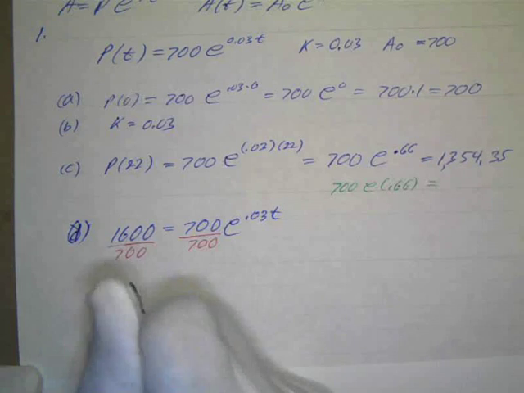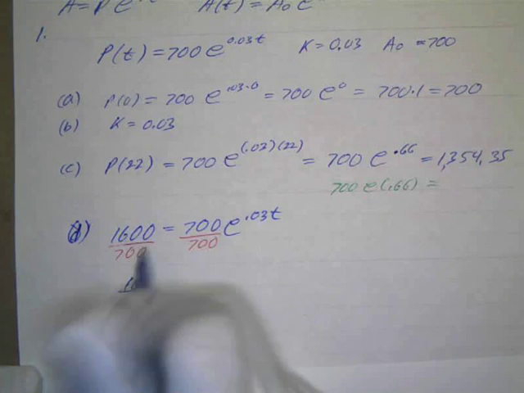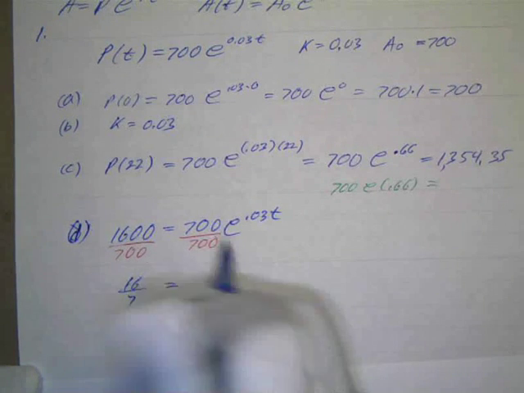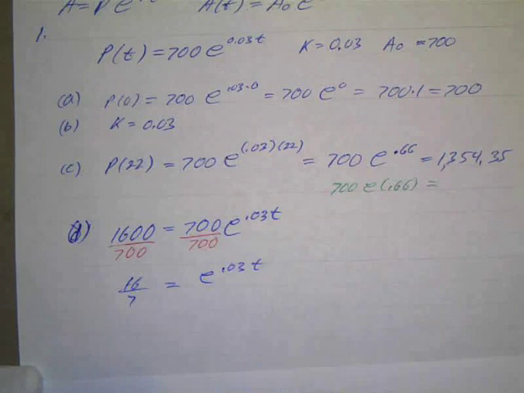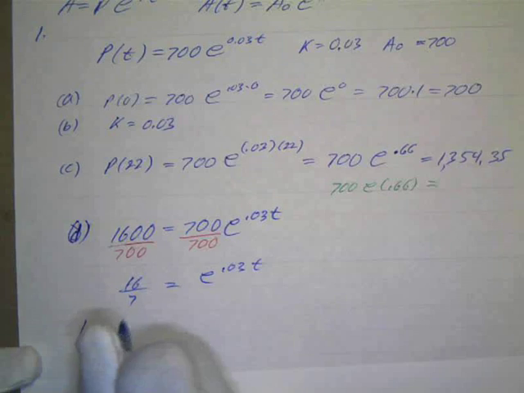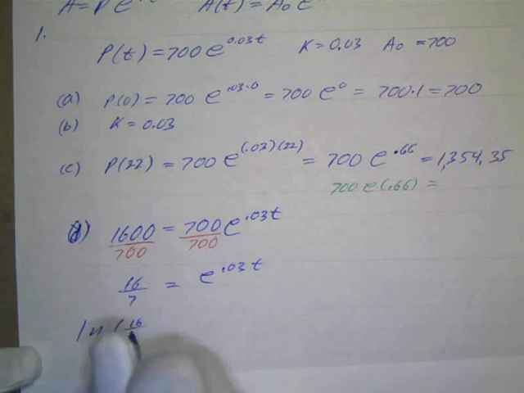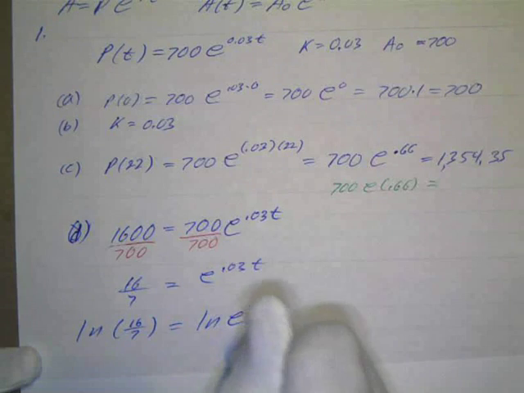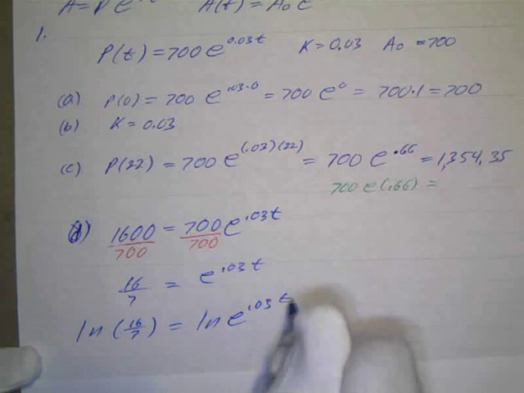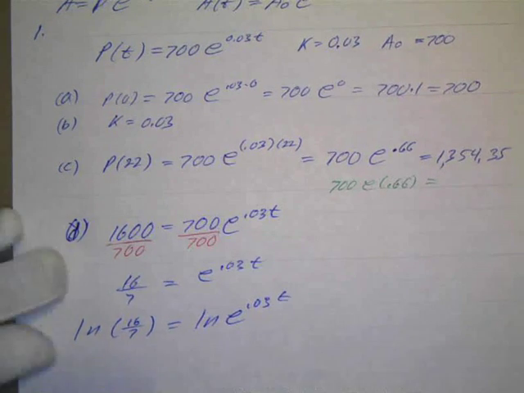We can cancel the zeros, so we have 16 over 7, and that equals e to the 0.03 times t. Then I'll take the natural log of both sides. The natural log of 16 divided by 7 equals the natural log of e to the 0.03t. Then I can bring this down using my third property of logarithms.